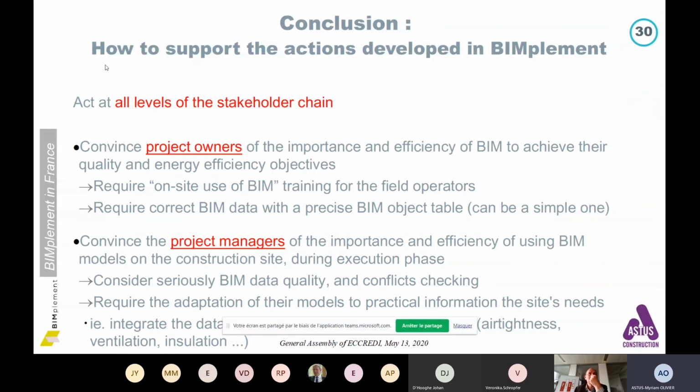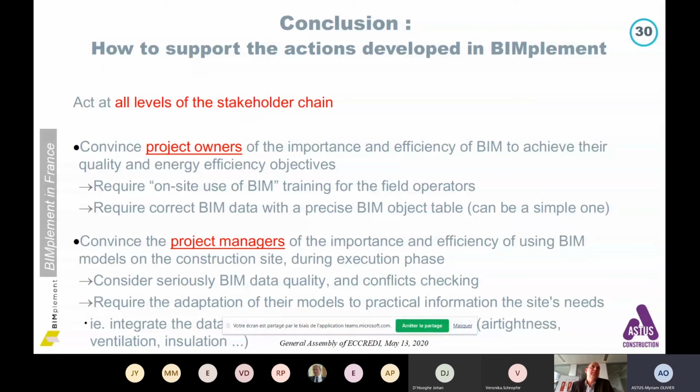As for the project owners, it's important for them to understand that they can impose things like the means for quality for the BIM model, and impose the implementation of a BIM process during the execution phase with the building companies. And they also can impose the use of skilled workers to implement the project, and so impose the training.